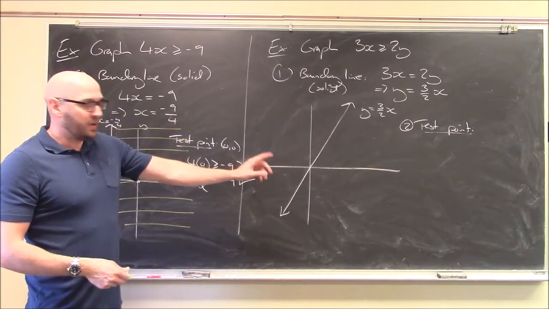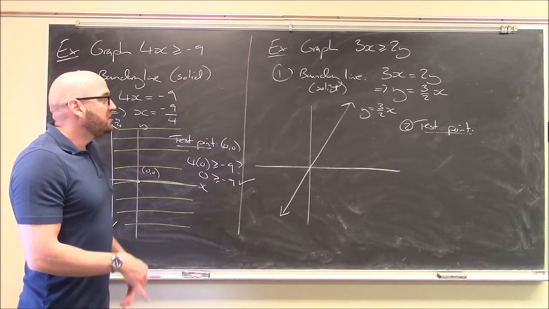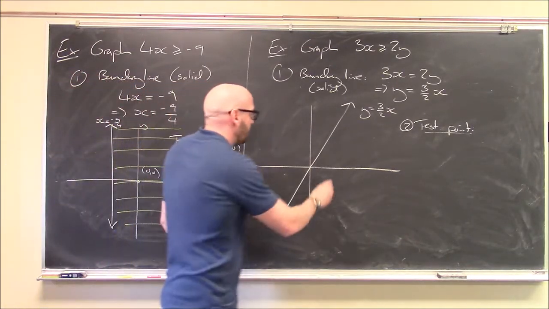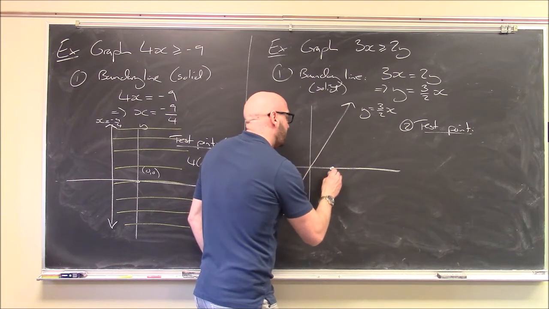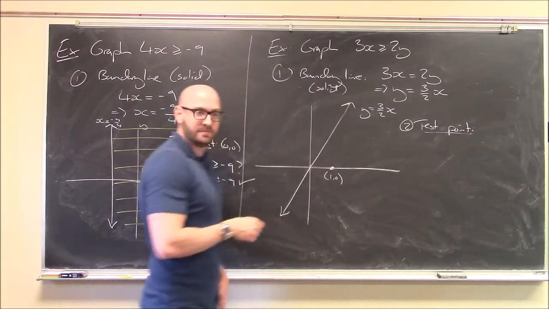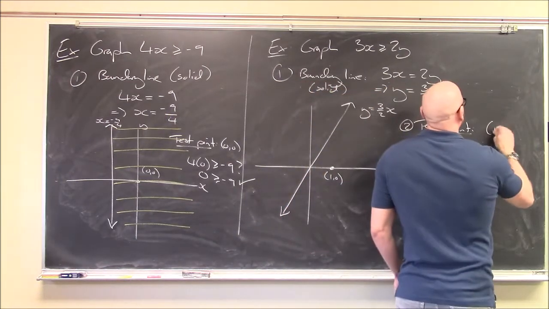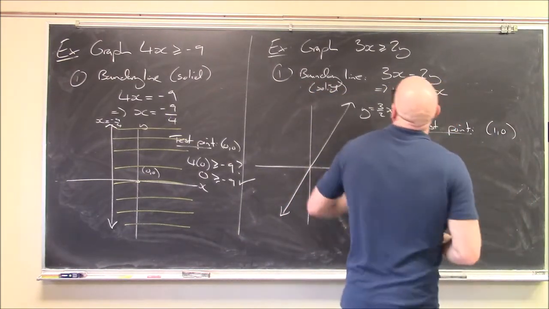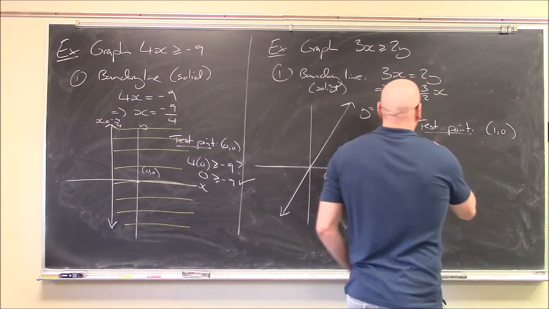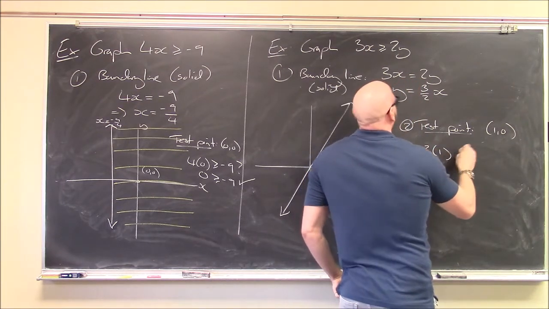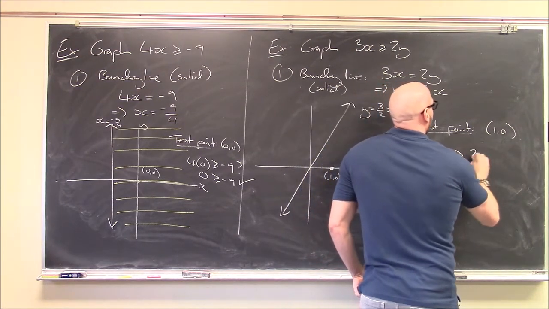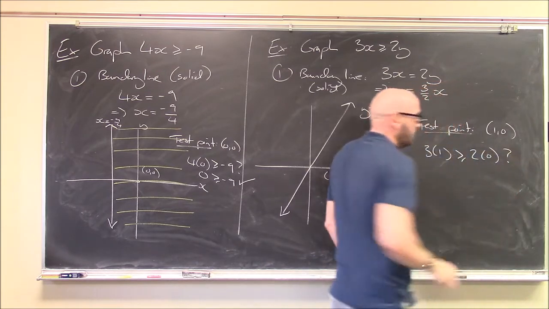Here I can't do that because the origin is on the line. So just choose something else with nice coordinates. How about we choose this point right here, 1, 0. That's not on the line, has simple numbers, so we'll choose 1, 0. And we'll plug it in. So is 3 times 1 bigger than or equal to 2 times 0?